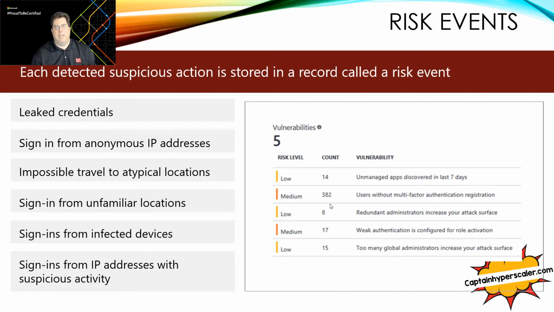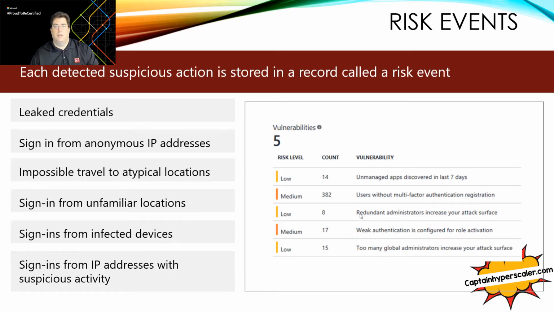Maybe somebody has taken a trip and they're signing in from somewhere they've never been seen before. They might get flagged low. It's flagging it as an anomalous IP address, but it's putting it in the panel so that we can review it and audit it and identify that this is not anomalous activity.